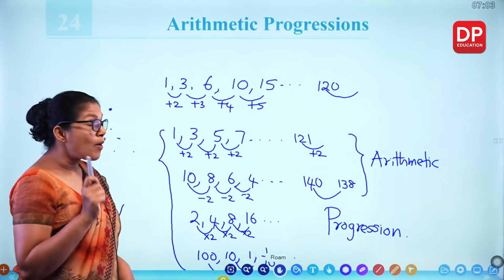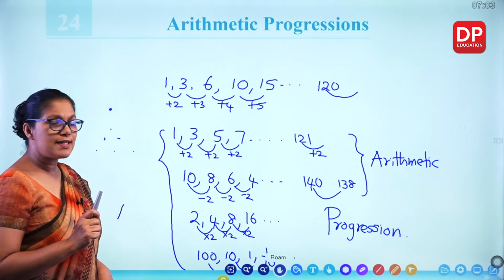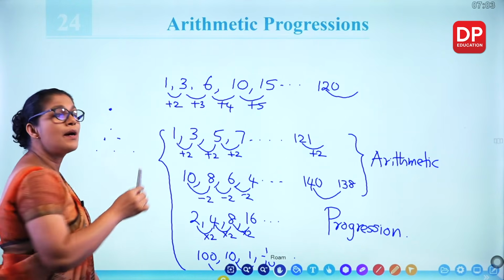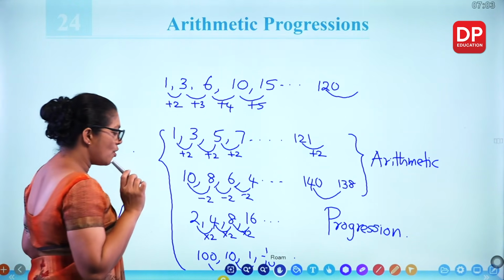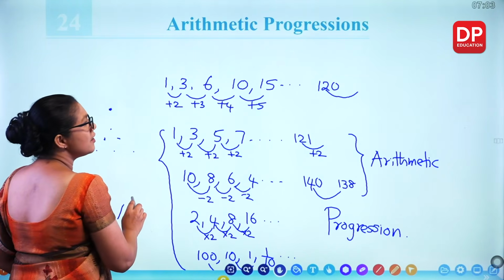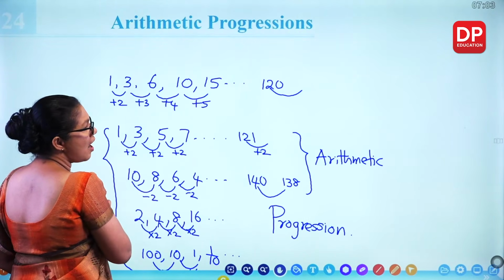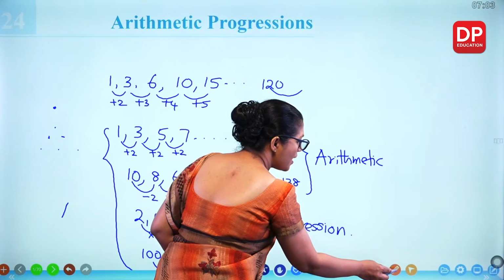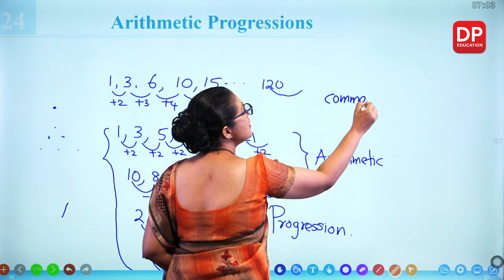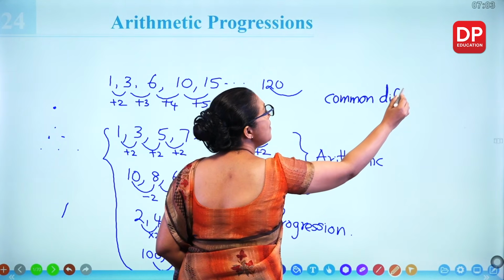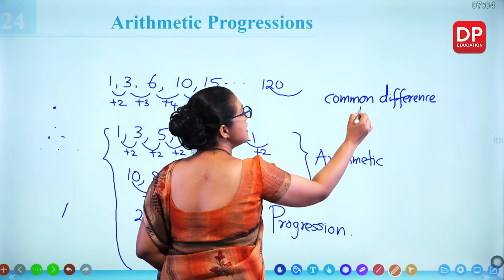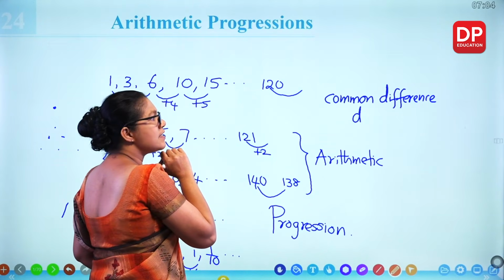And how can we find the common difference? Take any term, subtract the previous term. In an arithmetic sequence, you need to know how to get the common difference. The common difference we normally take as D. D is the common difference.